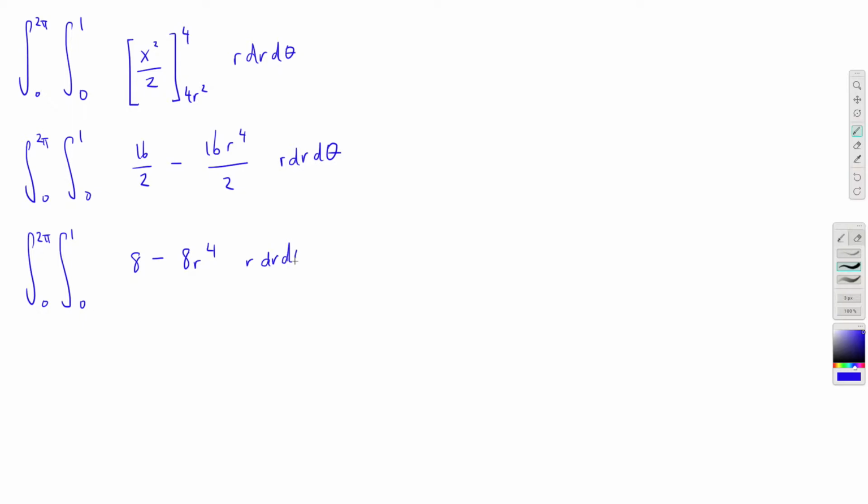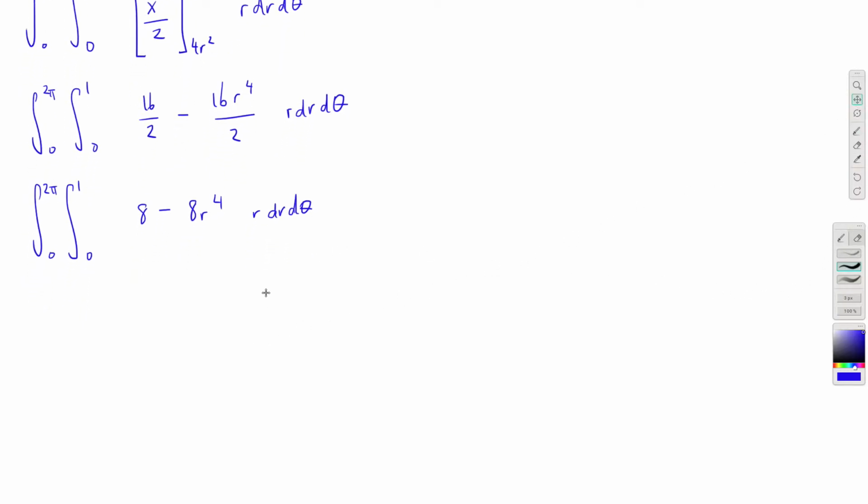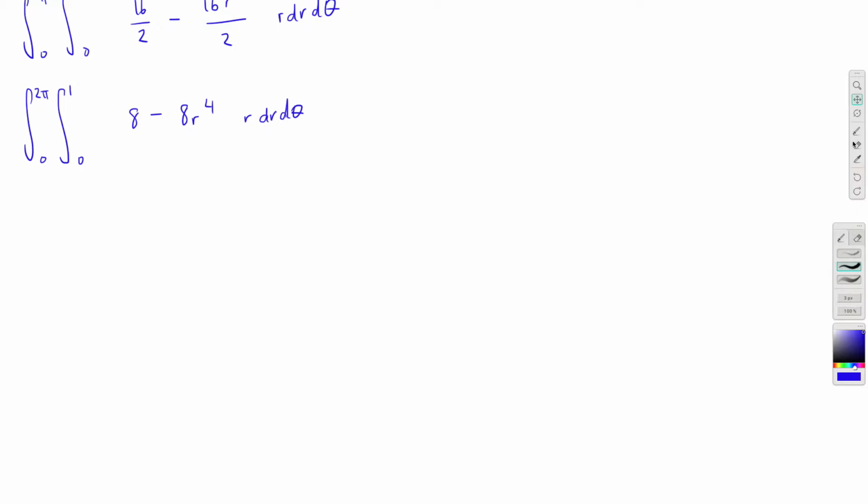r dr d theta. The next step is to integrate this with respect to r. What have you forgotten to do? Before you can integrate with respect to r, you need to multiply in this r. So it's 8r minus 8r^5, dr d theta.